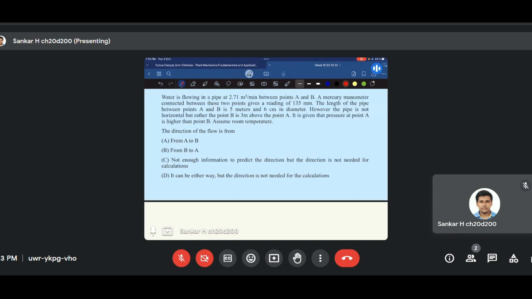So first we find out the pressure that is associated with this manometer fluid. Delta P is equal to rho Hg g h, which is 13,600 times 9.81 times 0.135.